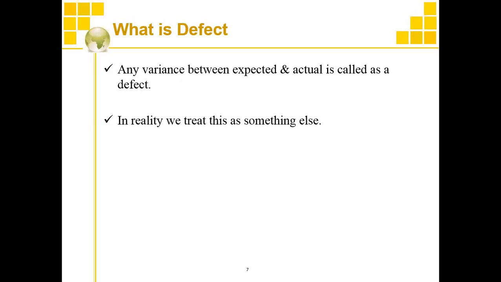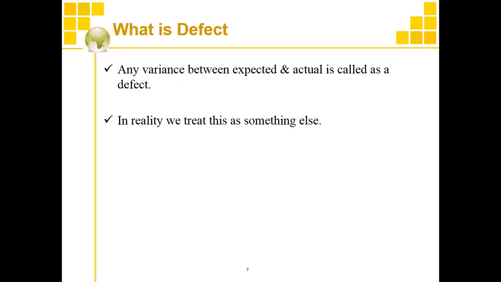This is your expected. But when you enter the data, the contact number field goes up to 12 characters. It accepts 12 characters. So there is a difference between what you expected and what you actually have. The difference between the expected and the actual is called a defect.